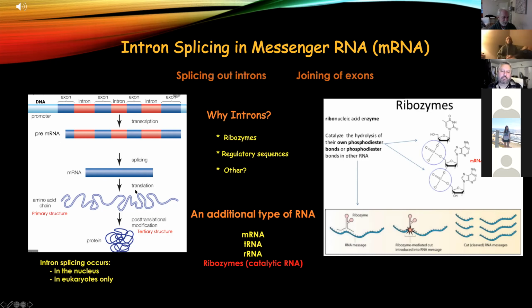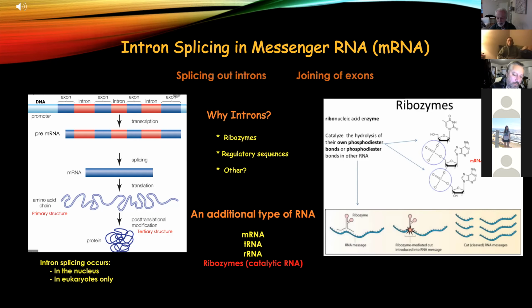And these then get translated into proteins, which go on to acquire a tertiary structure, the form in which they are active. Now, the things to remember about this are that intron splicing occurs only in the nucleus. And intron splicing occurs only in eukaryotes. Prokaryotes don't have it.